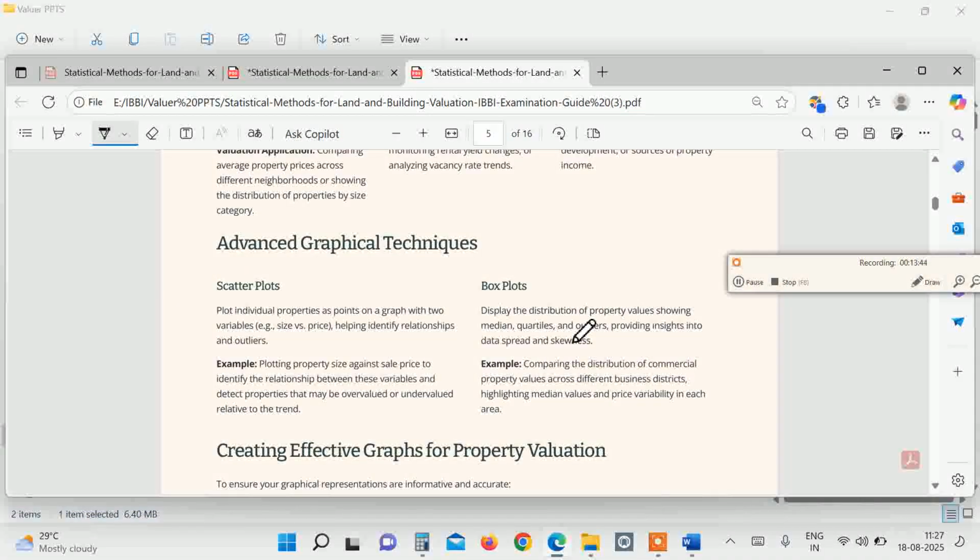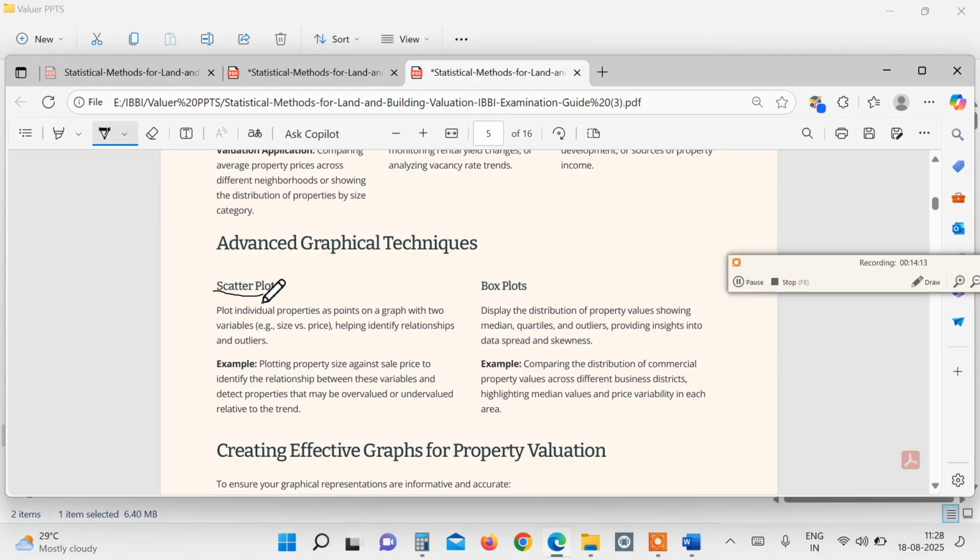Then there are certain advanced graphical techniques which you can use in data representation. First one is scatter plots. They plot individual properties as points on a graph with two variables, for example, a graph between size and price, which helps to identify relationships and outliers.